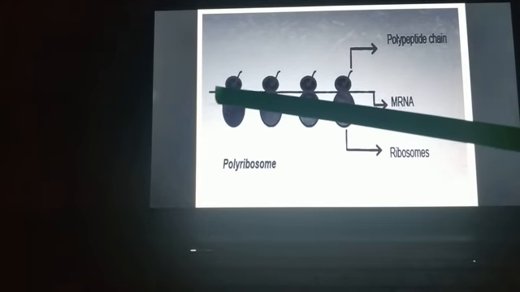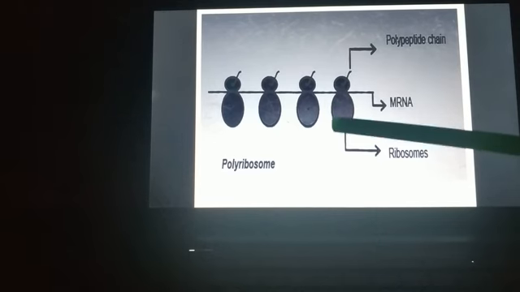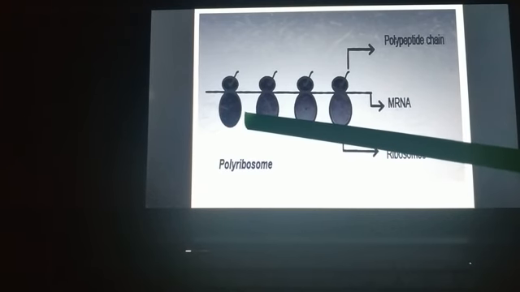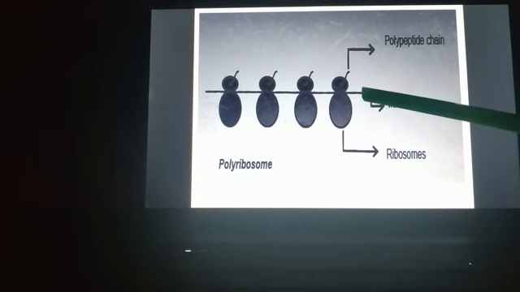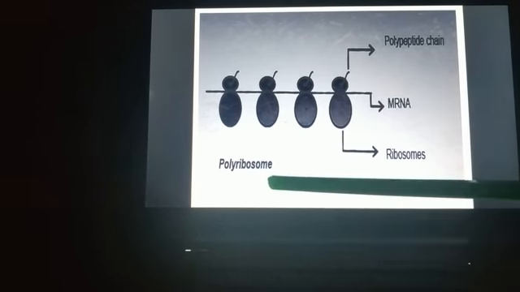Now here you can see this line is mRNA and these are our ribosomes. What happens when many ribosomes are bound to a single mRNA template? They form polyribosomes.